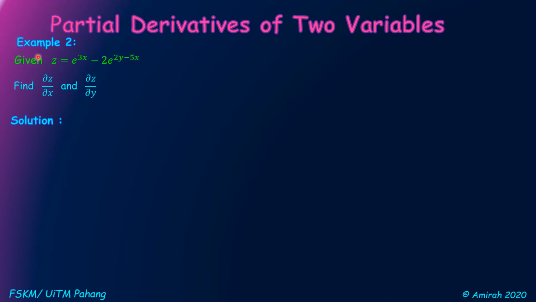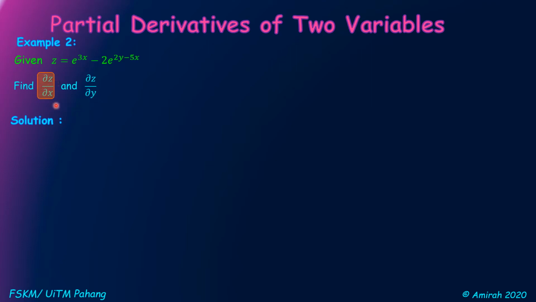Okay, we look at example 2. Given z equals e to the power of 3x minus 2e to the power of 2y minus 5x. Find del z over del x and del z over del y.